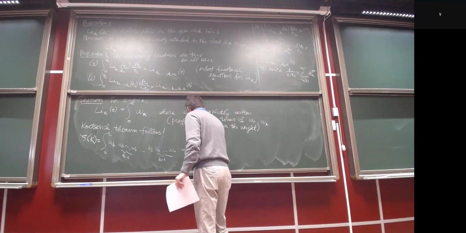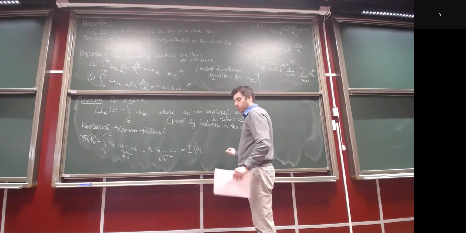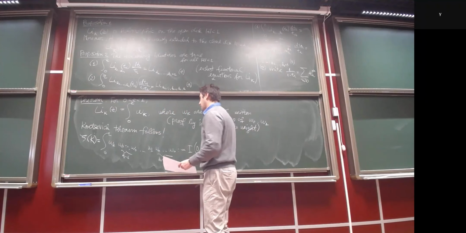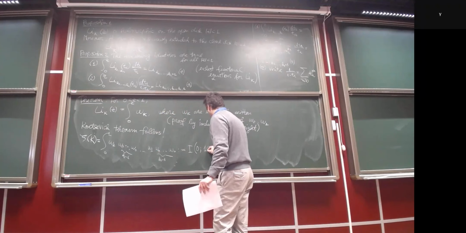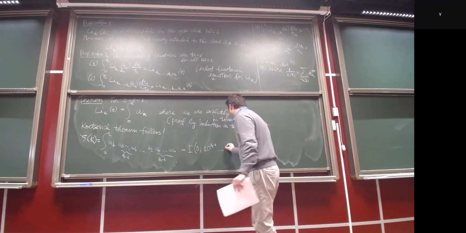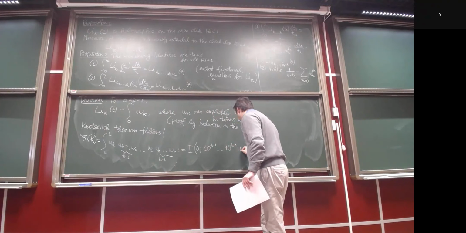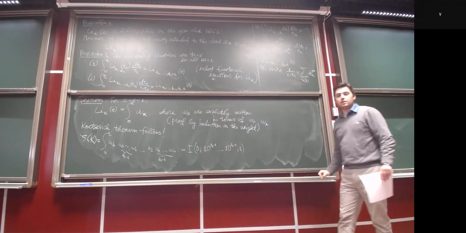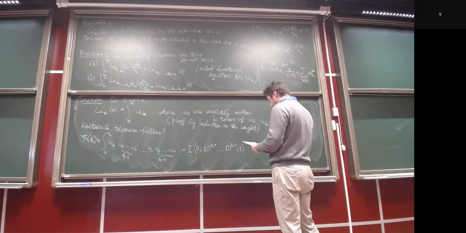If I start from 0 and end up at 1, I put 0 and 1, and then, since I'm dealing with these two one forms, I put 1, omega 1, 0, k1 minus 1, 1, 0, kr minus 1, and 1. So that's the iterated integral of Kontsevich.